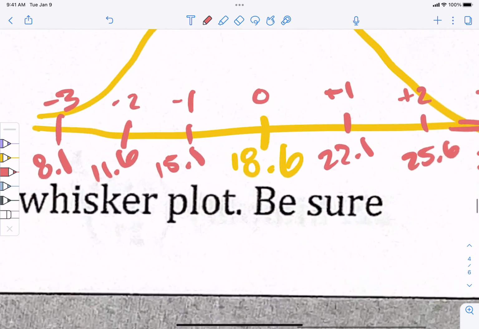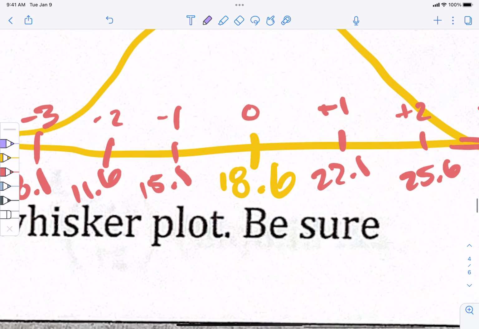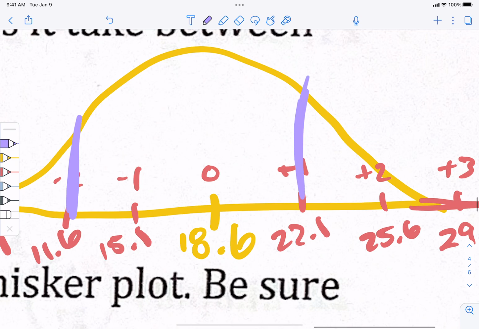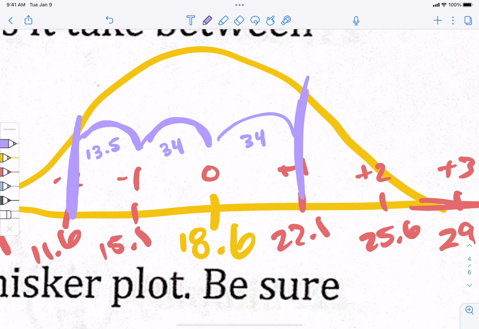It says, what percent of people are between 11.6 and 22.1? So what percent of people are in this range right here, from 11.6 to 15.1? This would be 13.5, right? The percentage here would be 34, and the percentage here is also 34, right?